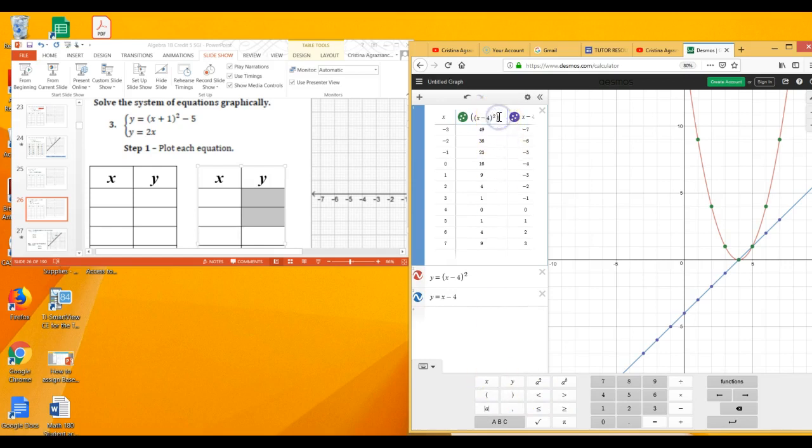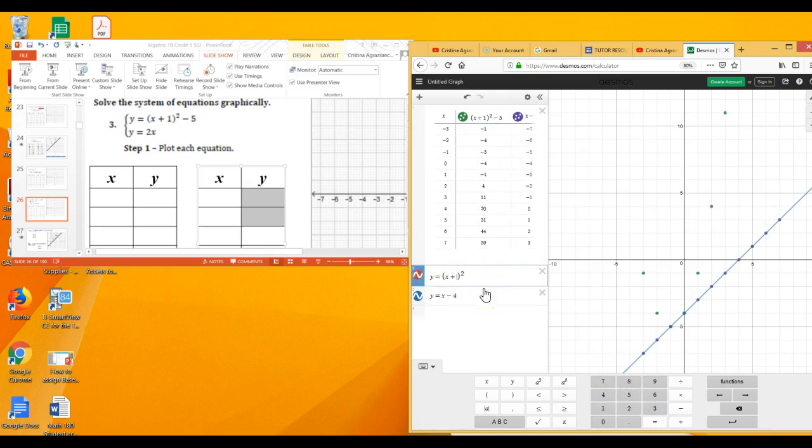Let me erase my old one and write parentheses x plus 1 parentheses squared minus 5. I'm just copying down the first one, and I'll also change my equation as well. Plus 1 squared minus 5, and that's my new parabola.